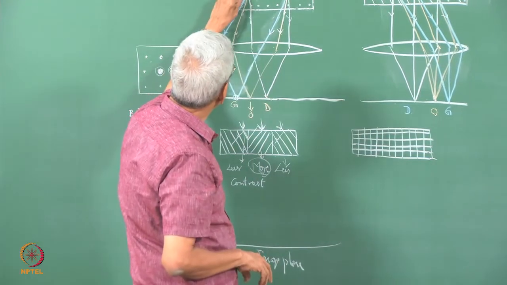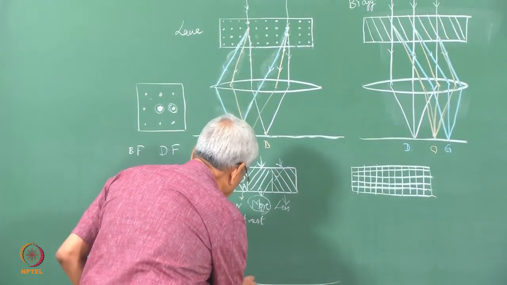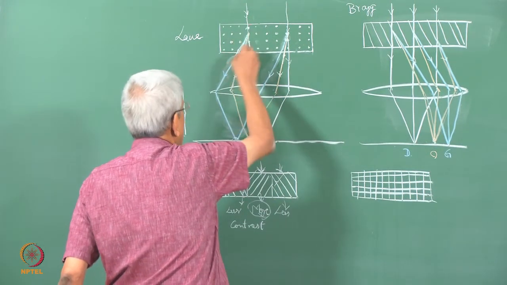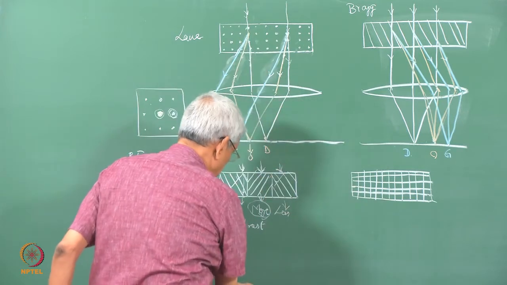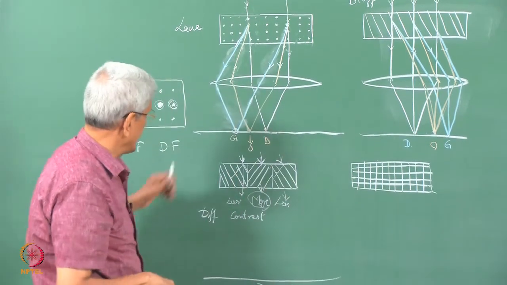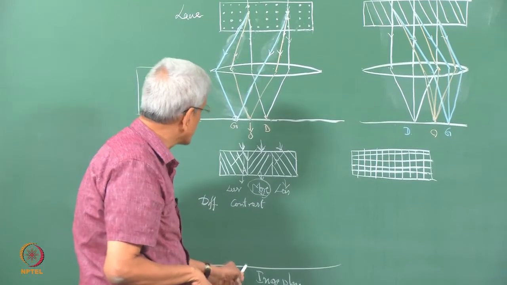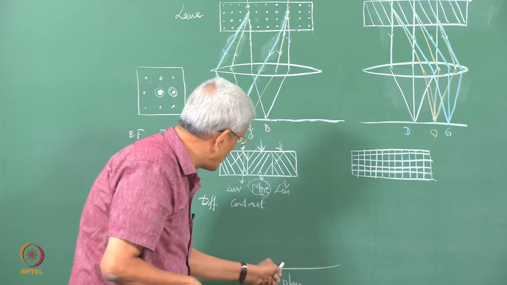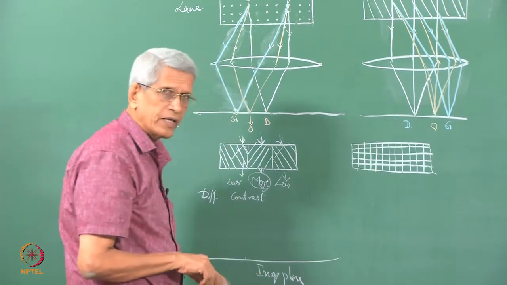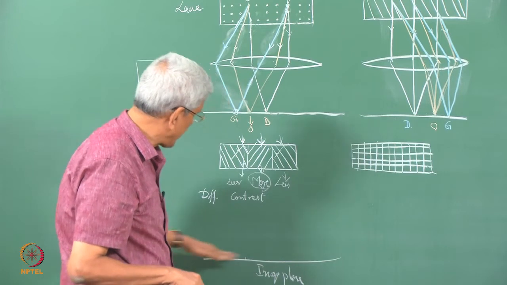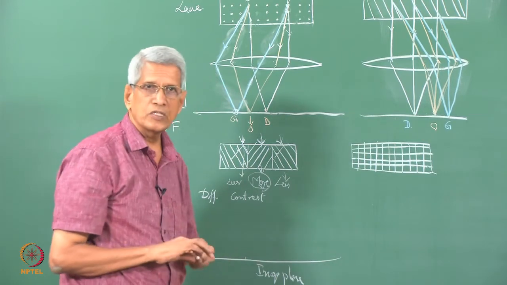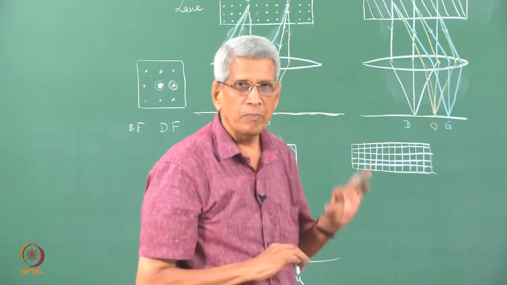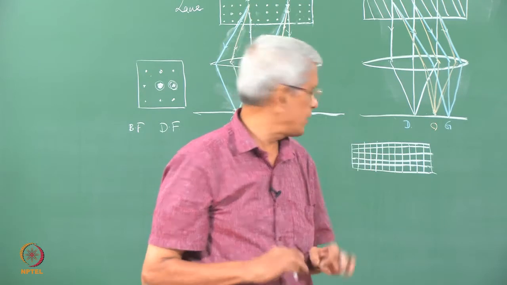That means that if I consider any point here, all the rays scattered from the corresponding point on the sample in different directions are all brought back to this point. So it is essentially equivalent to the images corresponding to all the diffraction spots superimposed one on top of the other. Normally the sharpness of the image is not good, but this is the condition under which we get the maximum information about the sample.